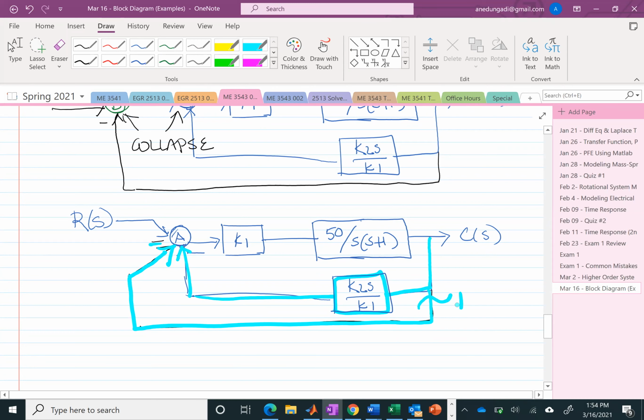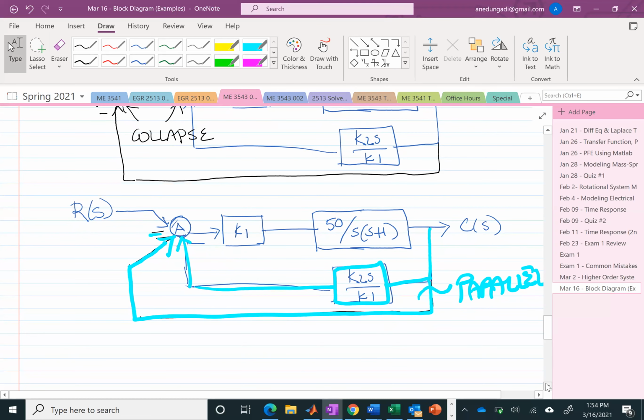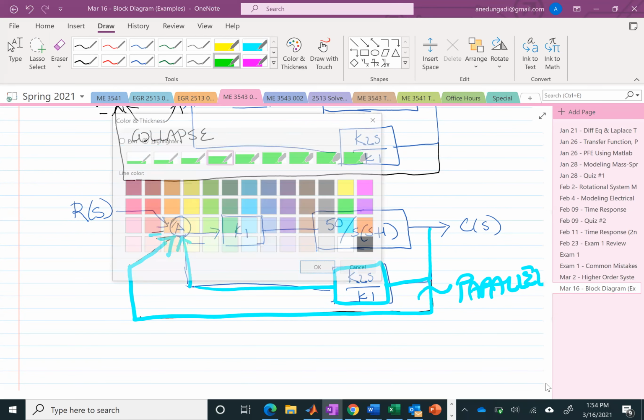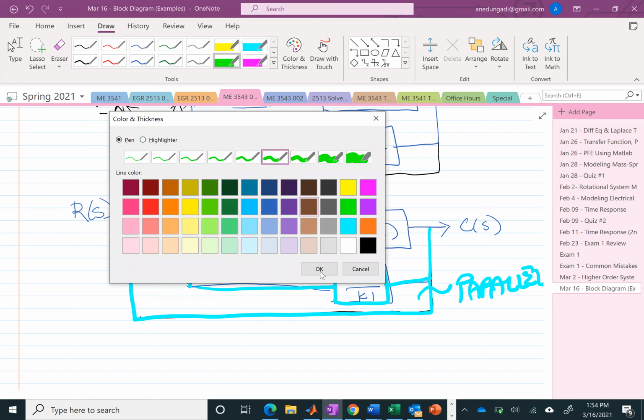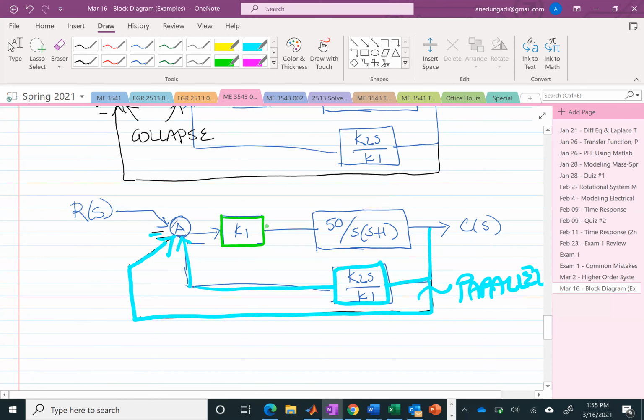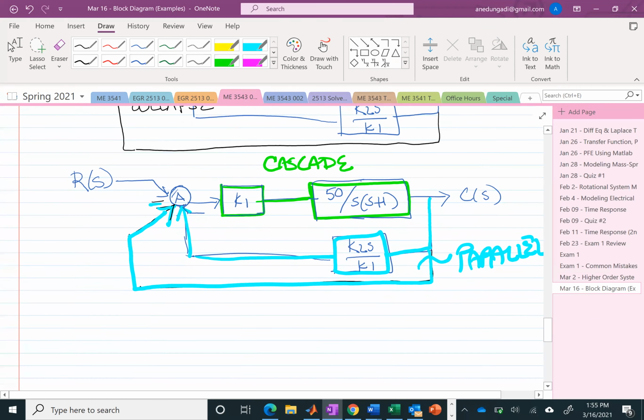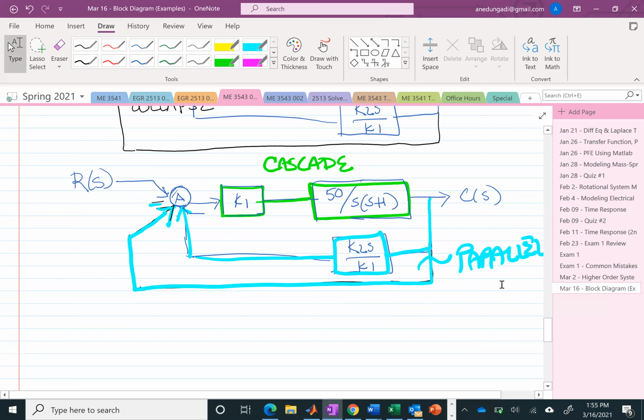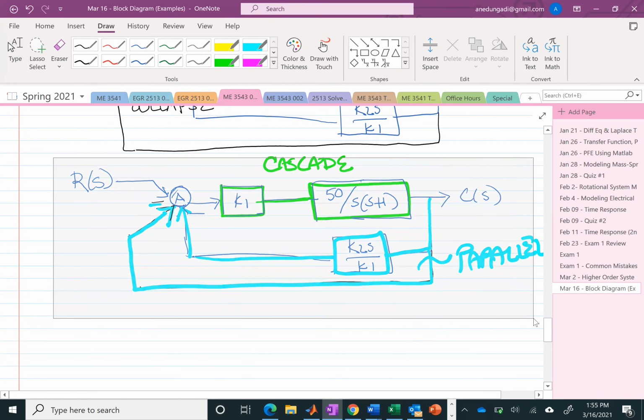Do you agree? Okay, so that's in parallel. This is in cascade, right? Cascade. So that means I can further simplify this.